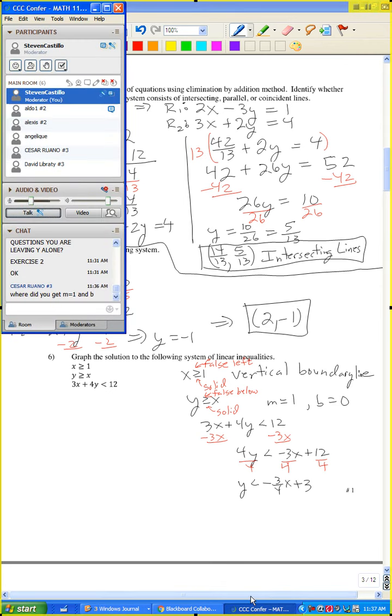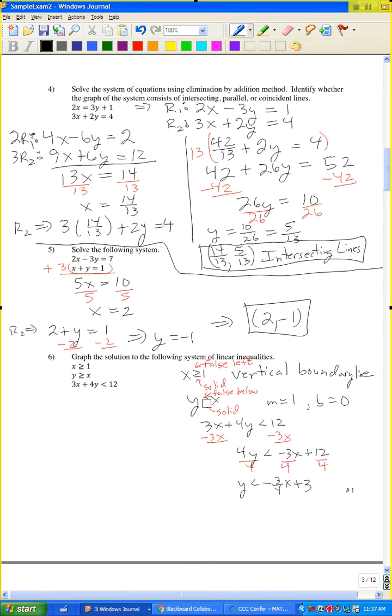Oh, what do you get? Slope equals 1. This is in the form y equals mx plus b. What's the number in front of x? 1. What's the number added to x? 0. There's nothing added to x. So it's already in the form with the slope and the y-intercept. Okay?